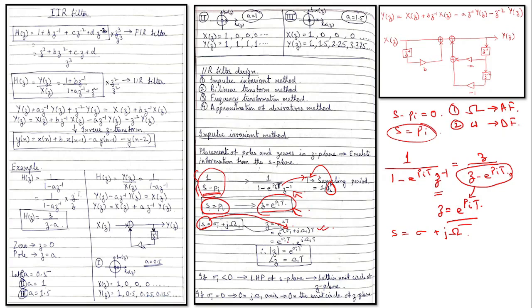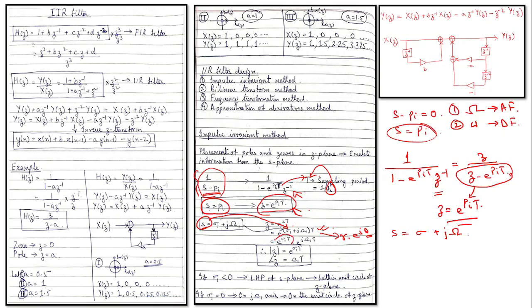Okay. Now if you convert this into the real part and the imaginary part, we have e to the power sigma 1 t, which becomes the real component, multiplied by e to the power j omega 1 t. Okay, so z is equal to r multiplied by e to the power j theta.